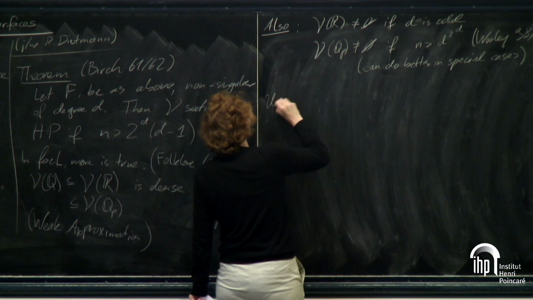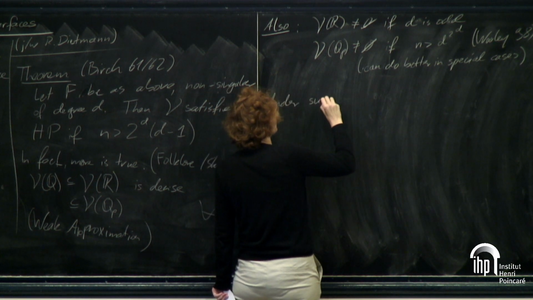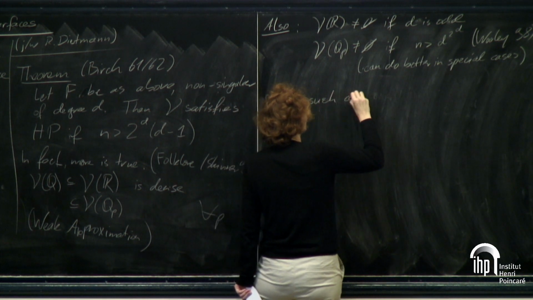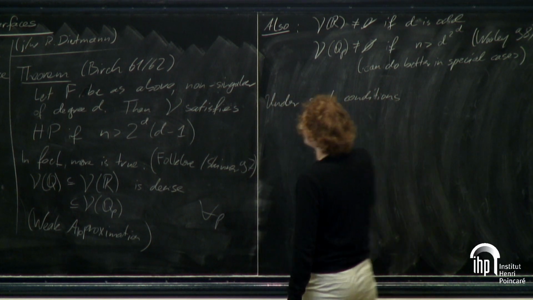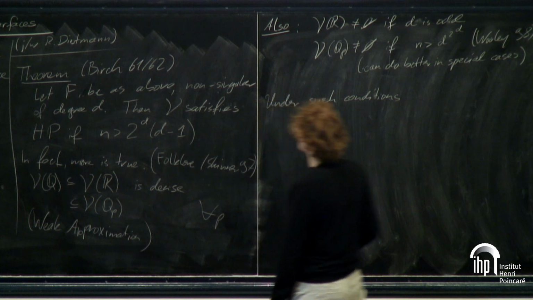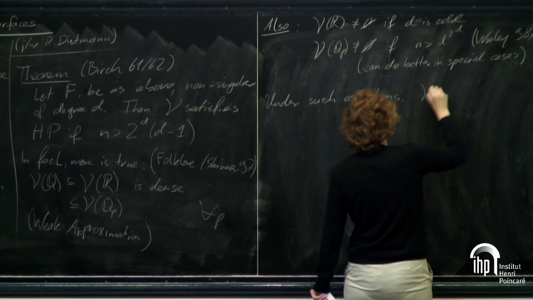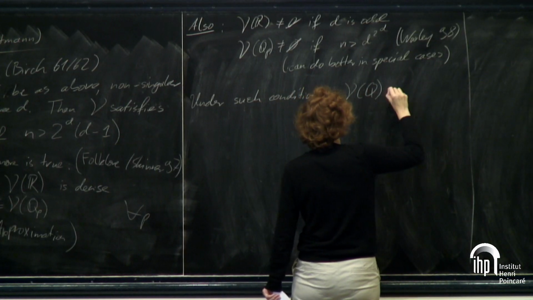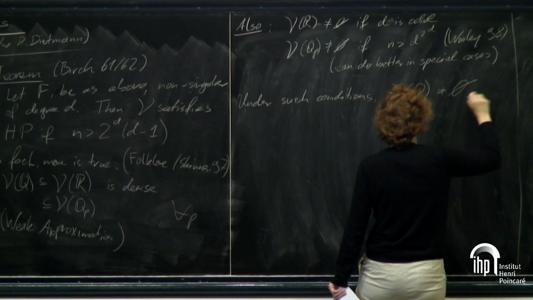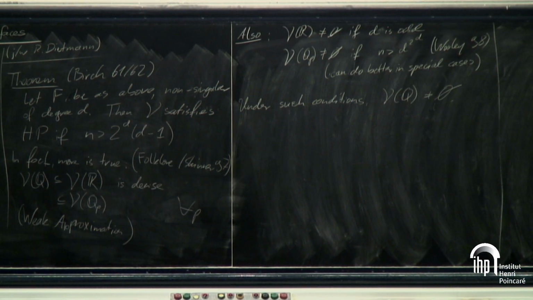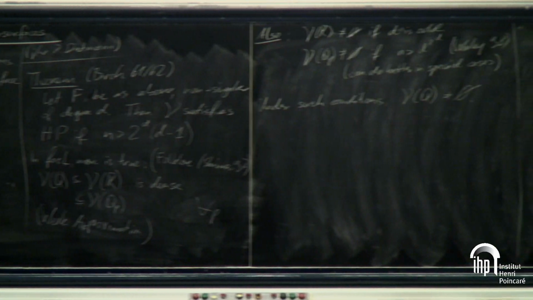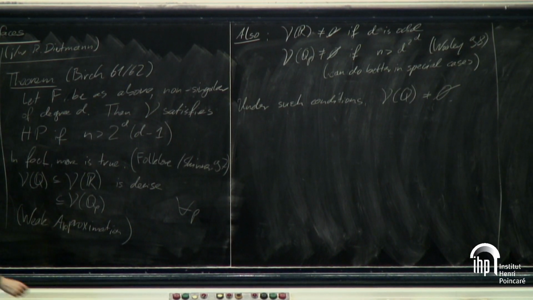So under such conditions, we then get by Birch's theorem that there are points. Of course, I had the word cubic in the title. So let's see what we know in the cubic case.